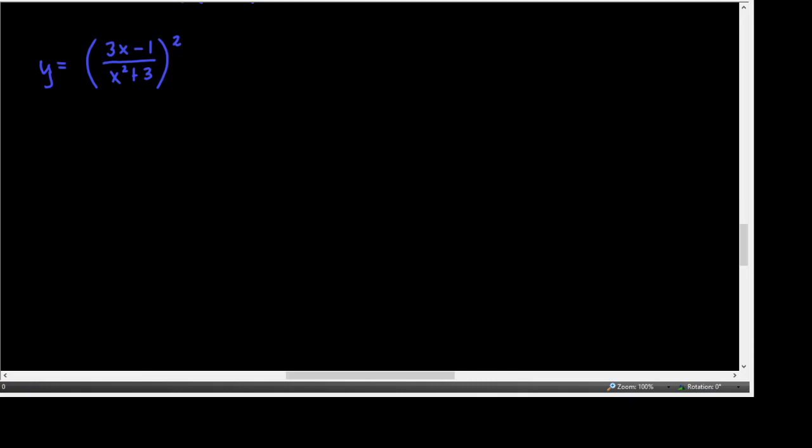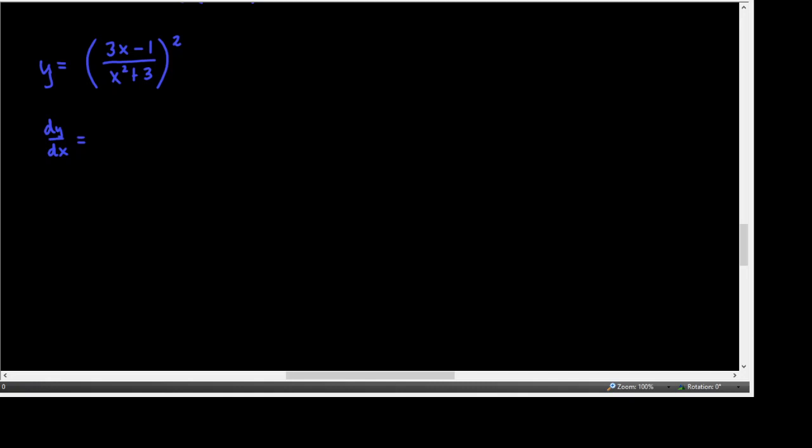So I'm going to pretend that what would then be the only option would be the general power rule and the chain rule. So dy dx, the outside function is something squared.